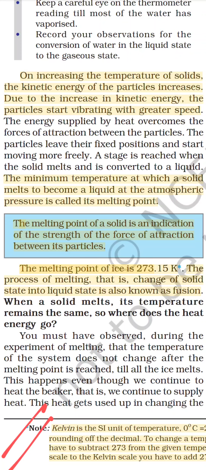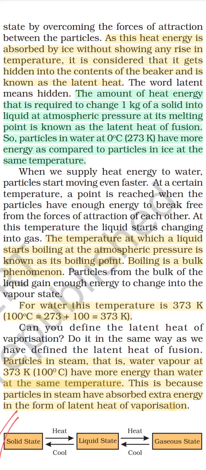This happens even though we continue to heat the beaker, that is, we continue to supply heat. This heat gets used up in changing the state by overcoming the forces of attraction between the particles.